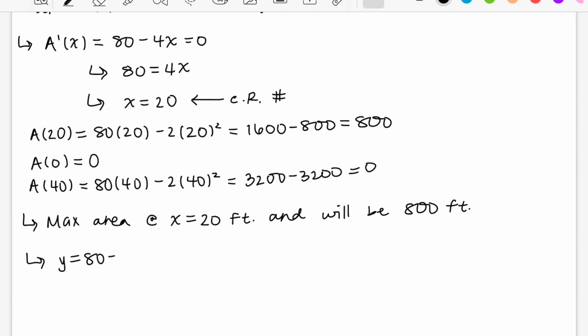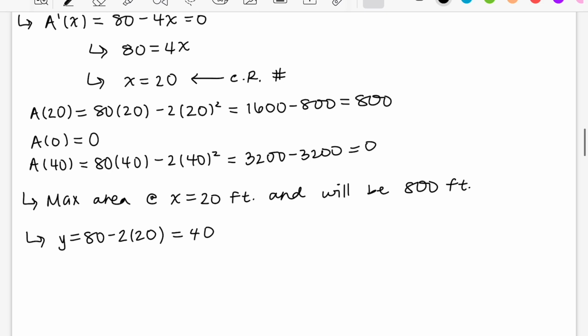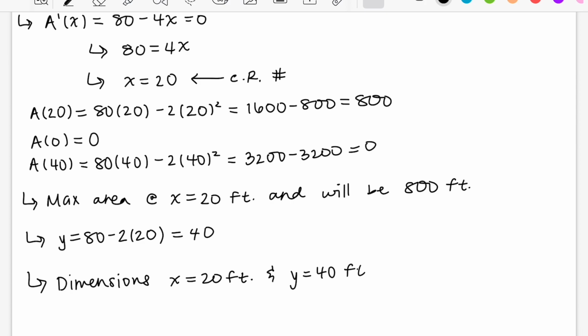And so plugging in our x value, we're going to get 40. So the dimensions to maximize this rectangular garden with just $320 is going to be 20 feet by 40 feet.